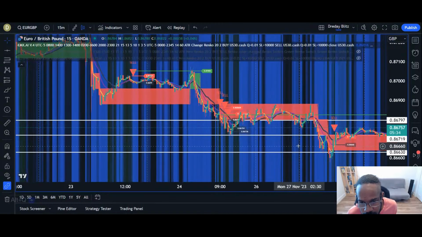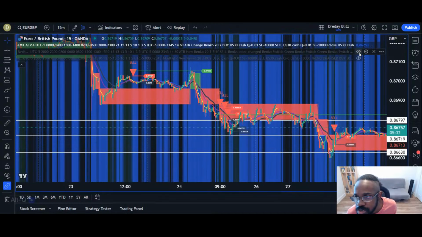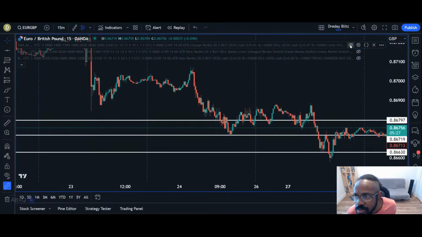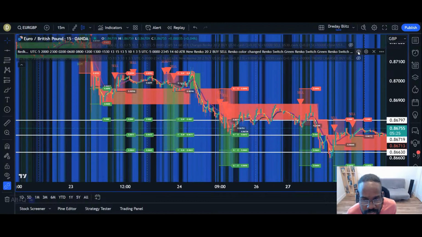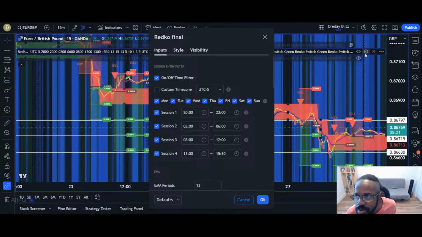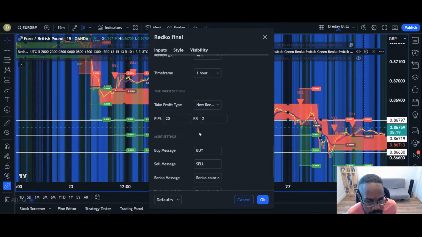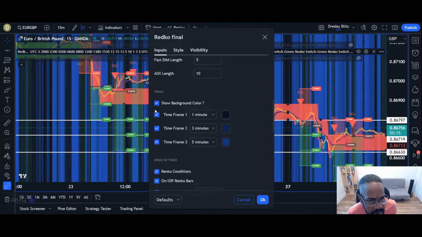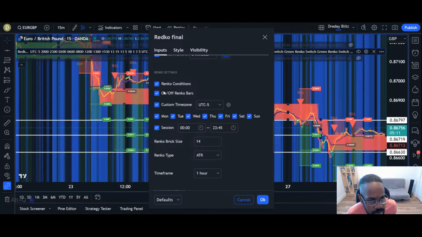But now with the new version, if I close this out and I open this one and remove the Renko bar and the background color, that's what you're going to see.